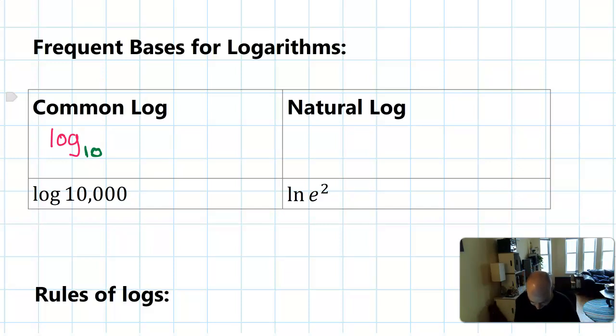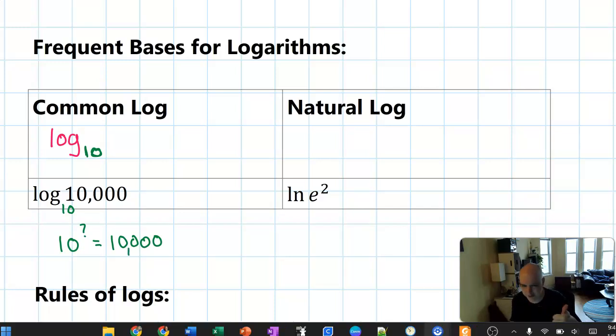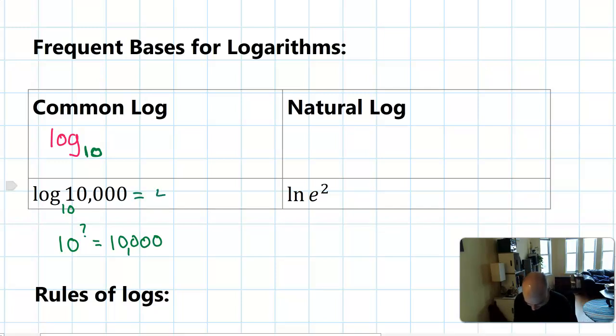So if you're asked to do log of 10,000 here, what it's really asking is to put a base of 10 down there and then ask the question 10 to the what equals 10,000. And since 10 squared is 100, 10 to the third must be 1,000, 10 to the fourth must be 10,000, so this would evaluate to 4.